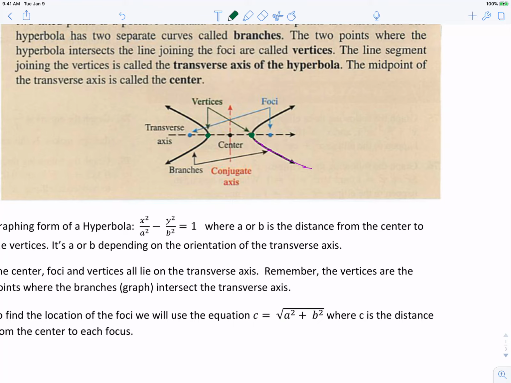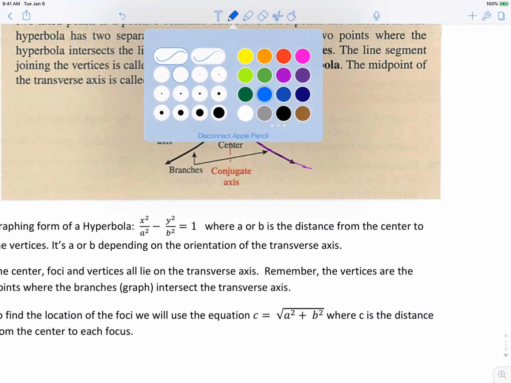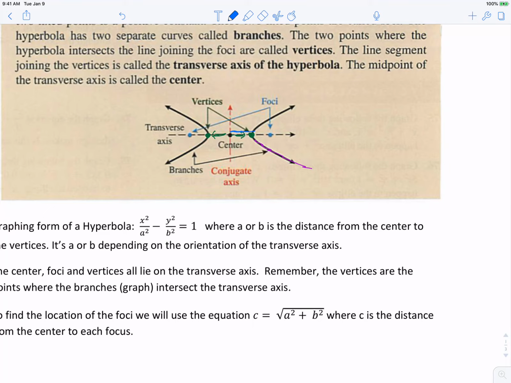And we'll be able to find those in relation to the center. We'll see when we do an example here. And then there's the foci in blue. So we'll be able to find that distance from the center out to the foci as well. Okay, so we're going to want to know the location of those foci. And those are in blue here. And they're not actually on the hyperbola.